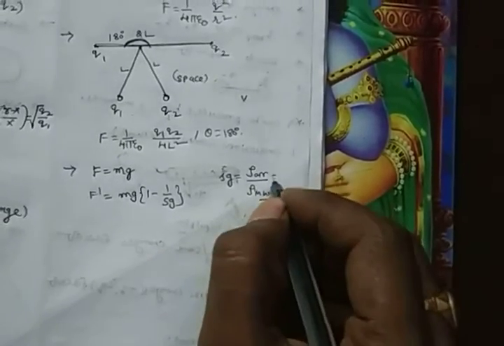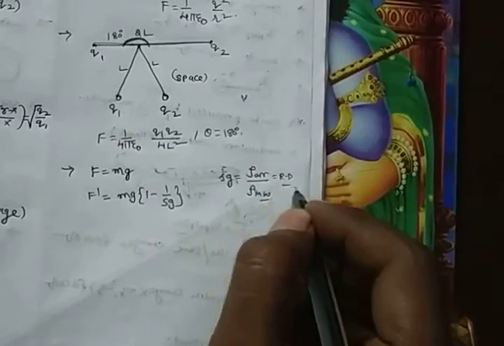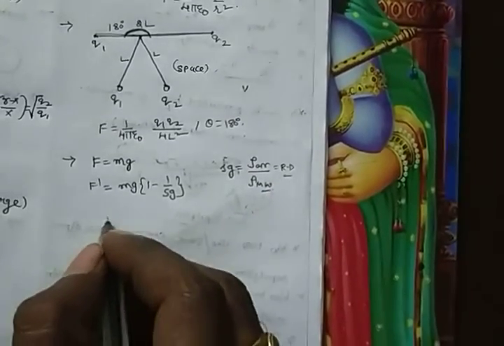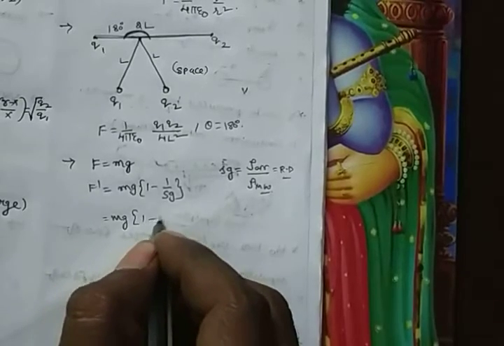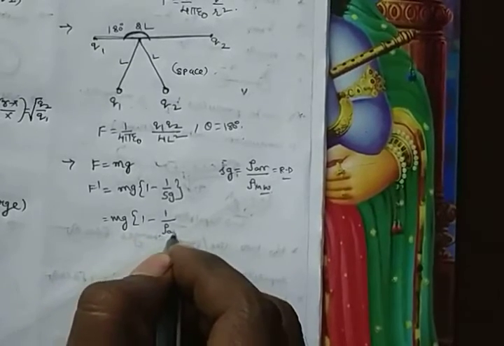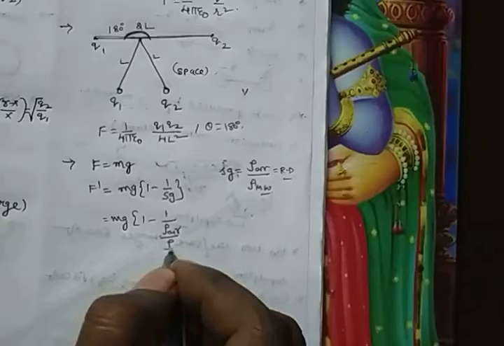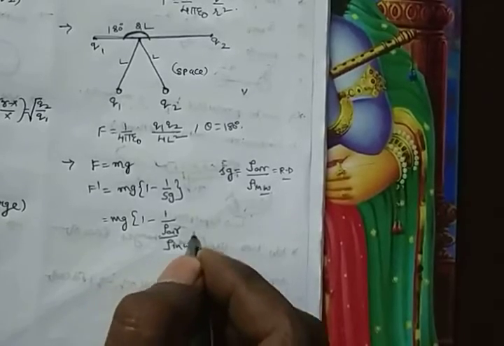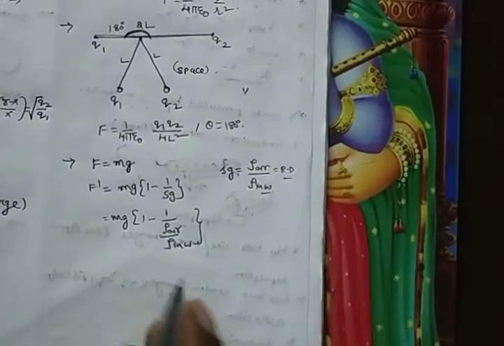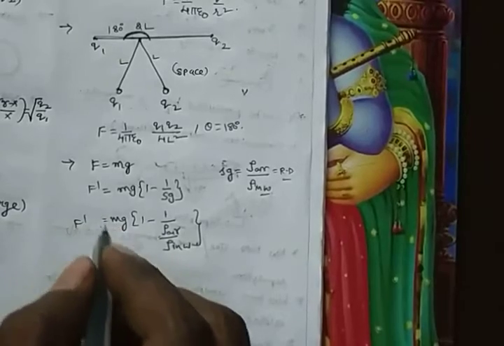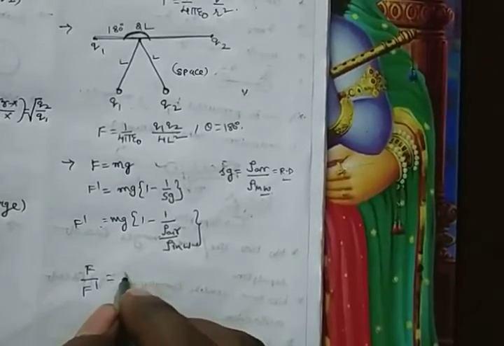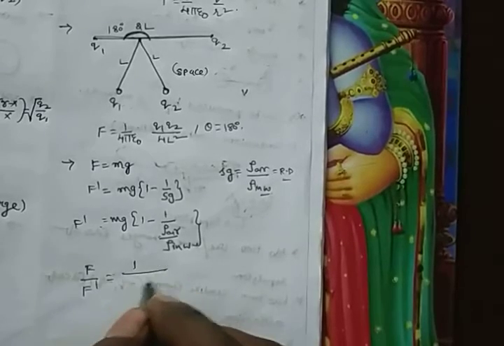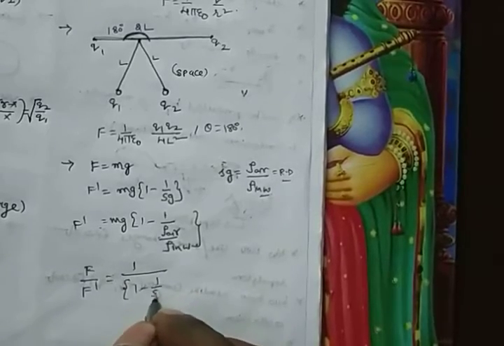That is also called relative density. Then mg multiplied with 1 minus density of body in air by density of body in water. Now put these two in ratio: F by F dash equal to 1 by 1 minus 1 by specific gravity.